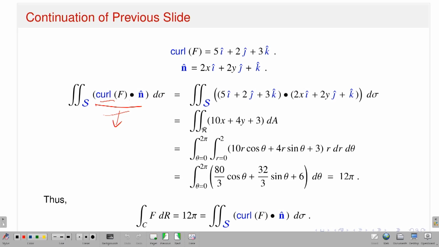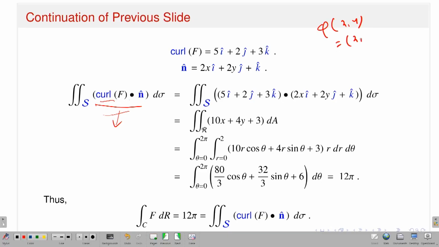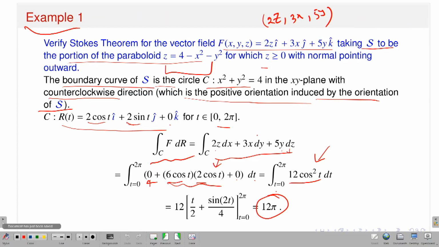That means the surface will have a parameterization. If a surface has an explicit form given, then it will have a parameterization automatically. You can have phi of x y, which is x comma y comma g of x y, where g of x y is the explicit representation of my surface, that is x comma y comma 4 minus x square minus y square, right?